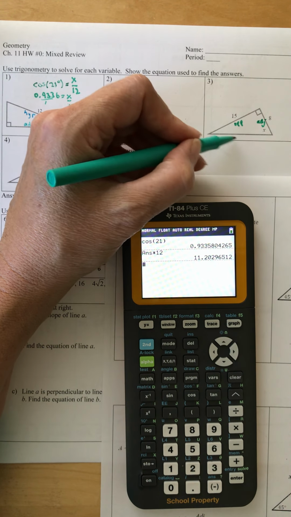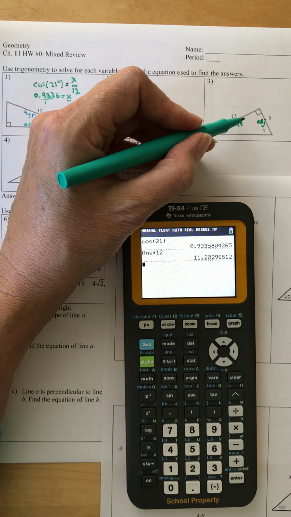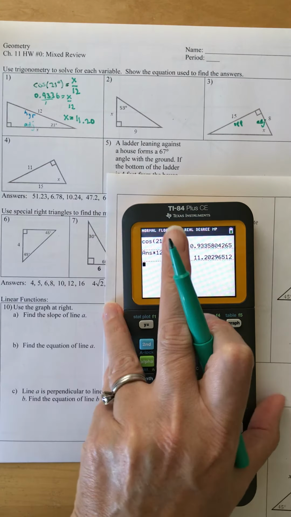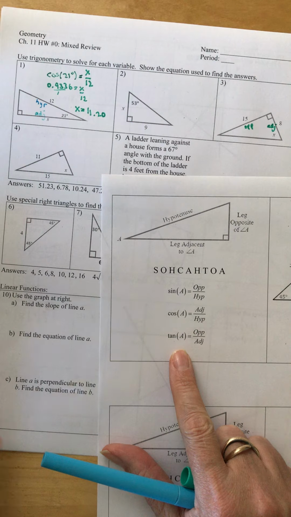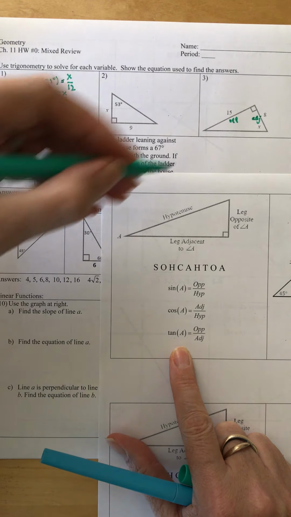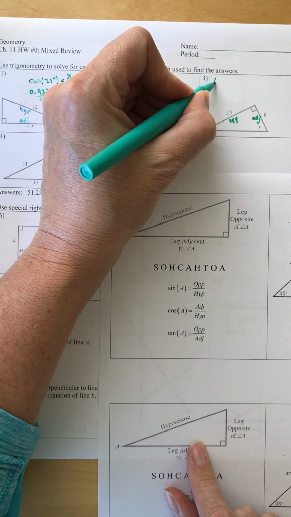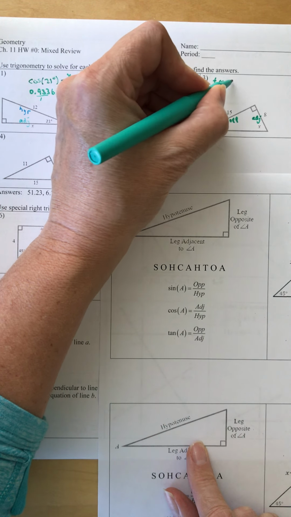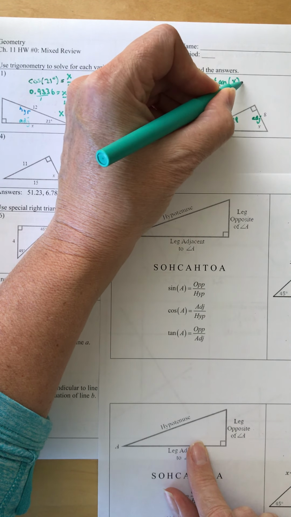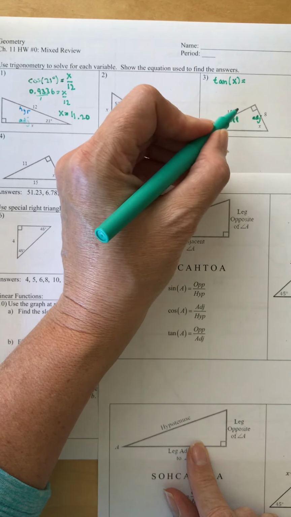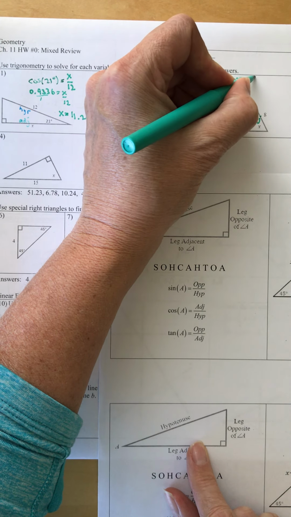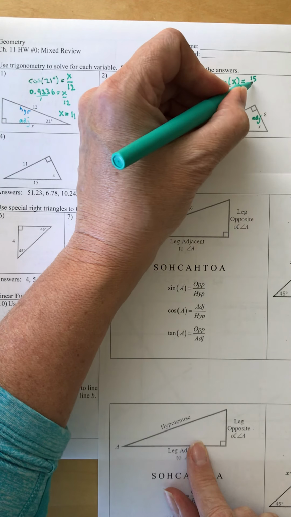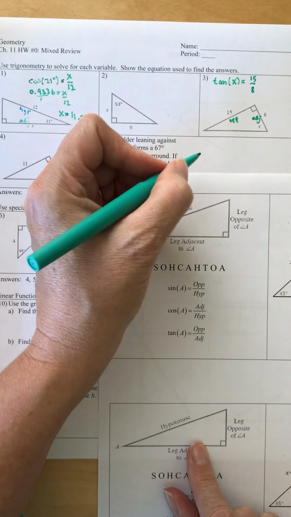This is the hypotenuse, which doesn't have a number on it, so the opposite leg and the adjacent leg mean that I need the tangent function. So the tangent of x is equal to the side opposite, which is 15, over the side adjacent, which is 8.